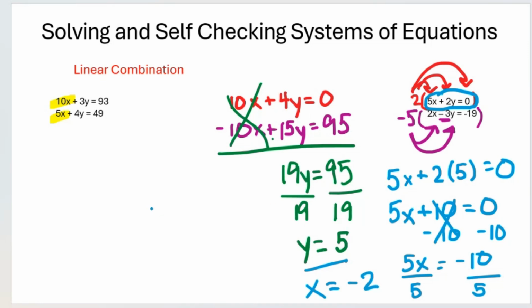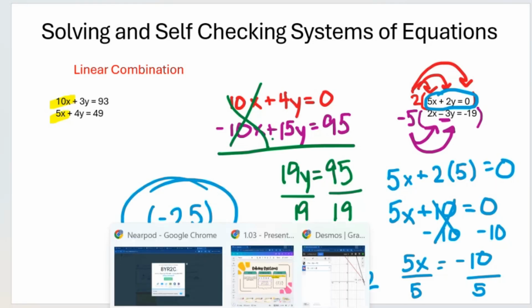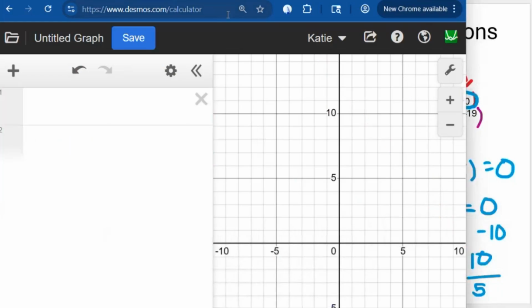Again, write your answer as a coordinate, x first: -2, 5. And I could substitute both of those into the second equation to make sure it works. I can also visually see it by graphing.